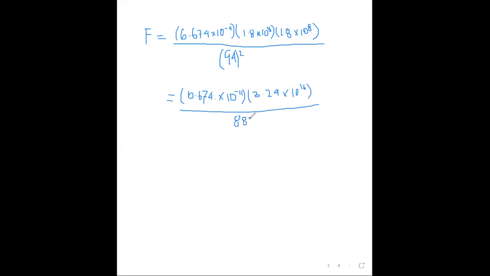Multiplying the numerators together, we get 2.1654 times 10 to the 6, and then divided by 8,836.